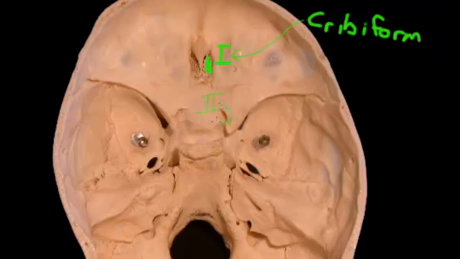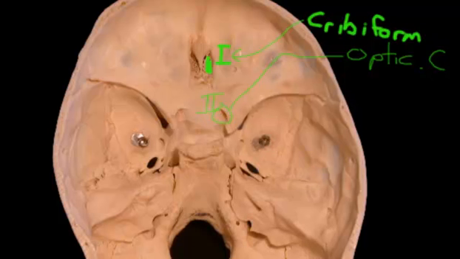There it is, that foramen there, called the optic canal. And that makes sense because it's the optic nerve and it will be leaving through the optic canal.